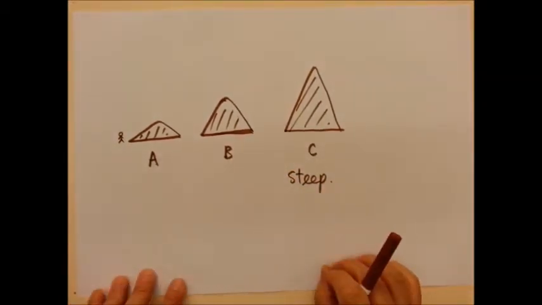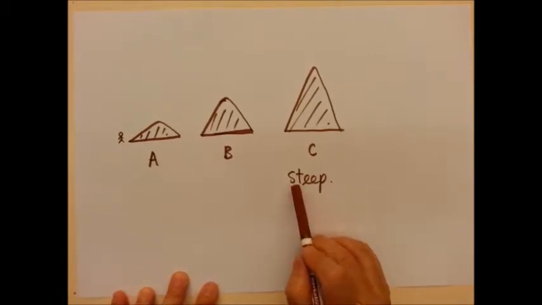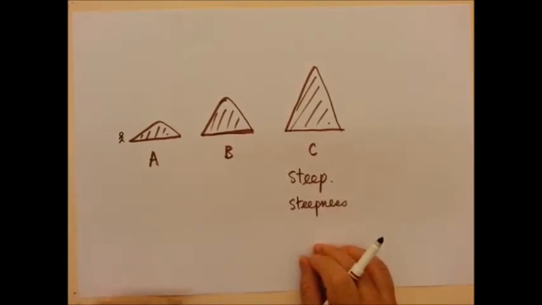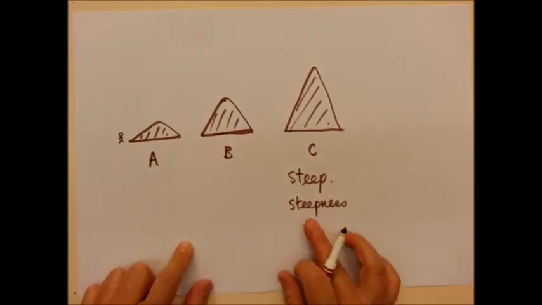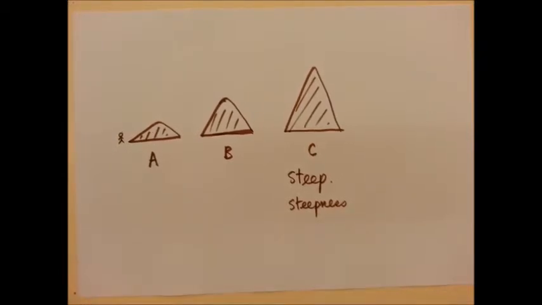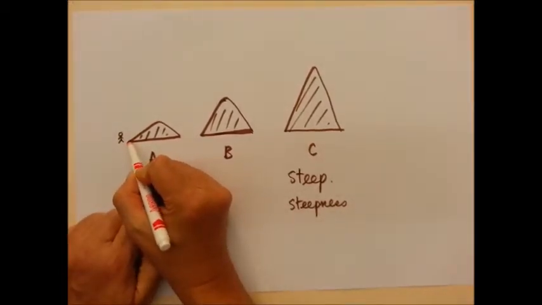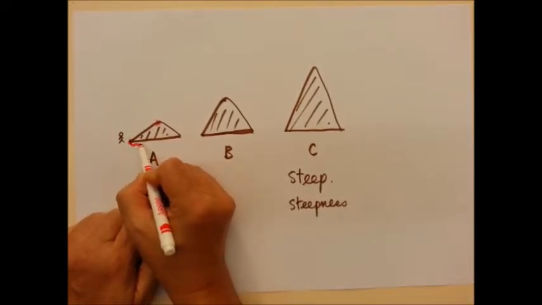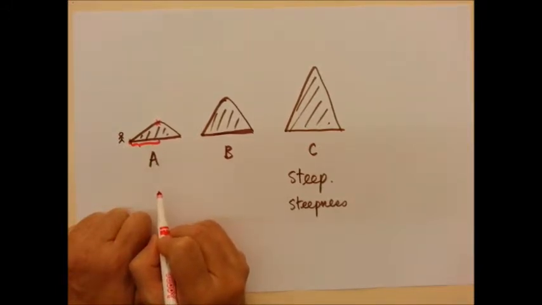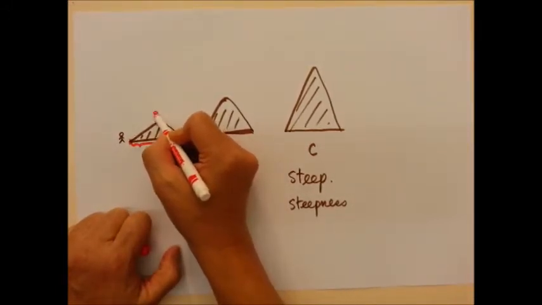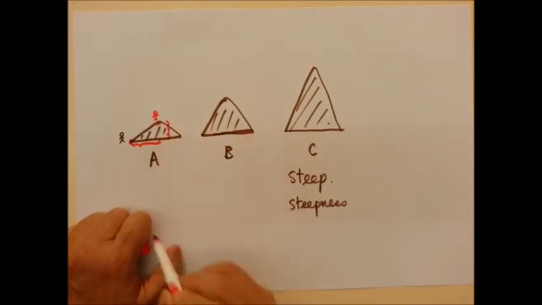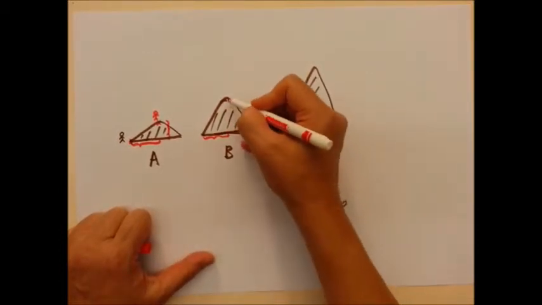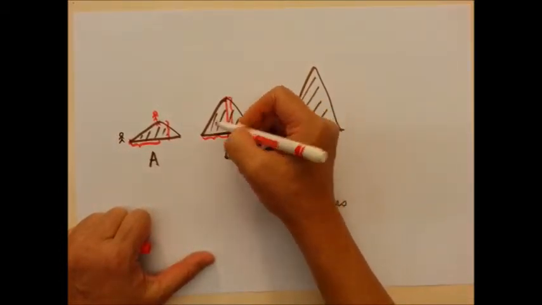In our living experience, we know what's the meaning of steepness. But in mathematics, we have to find a tool to express the concept of steepness. Well, there's a way. The boy, when he wants to walk from this point to that point, that means he has to move by a horizontal distance, and then there's a vertical distance here. For this case, the horizontal distance and the vertical distance.